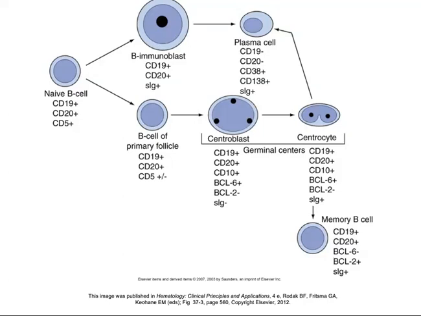We use this a lot in hematology because it helps us tell what is the stage of the cell. What am I looking at? Stem cell, progenitor cell, or a more differentiated cell. These are the markers that we use in flow. B cells have their own markers. T cells have their own markers.